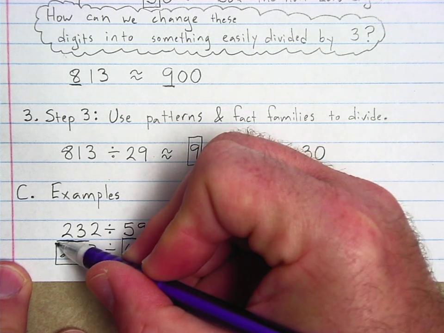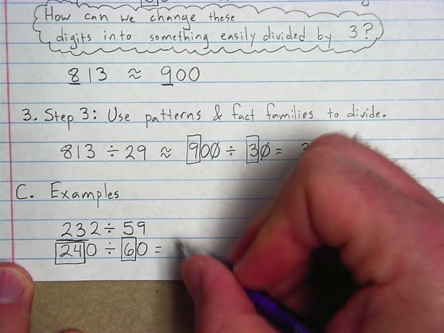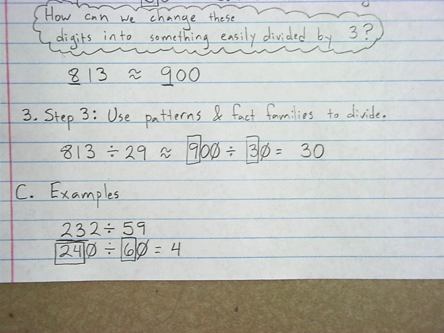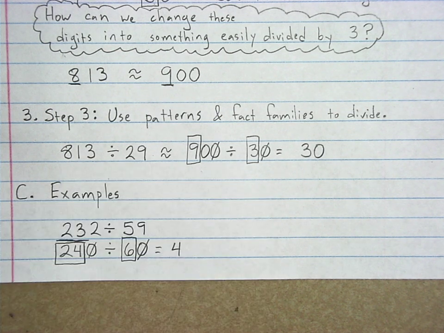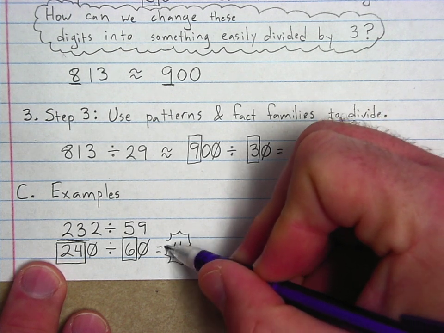From here, we proceed as normal. 24 divided by 6 equals 4. The zeros are both in the ones place. They both cancel. There's nothing else. So that's it. My answer is 4. If I put this in the calculator, 232 divided by 59, the answer is 3.9 and so on. So 4 is correct on this one.